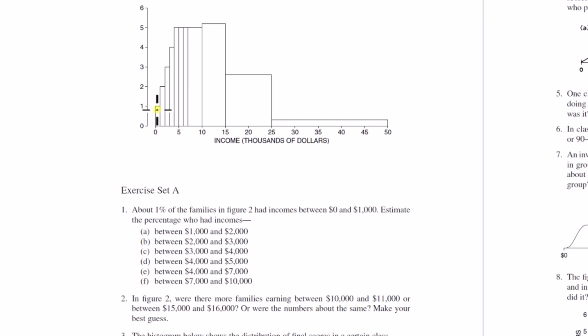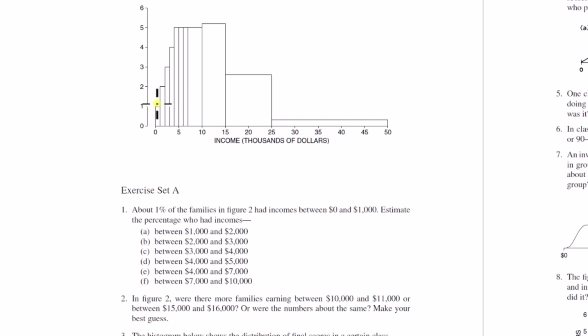And if the percentage of data points in this block is 1%, we also see that if we take the area of the block using the vertical and horizontal scale, it's 1 times 1, with the horizontal axis in thousands of dollars. It goes from 0 to 50. So for any block, we just need to calculate its area using this vertical and horizontal scale, and that's going to be the percentage of data points in that block.